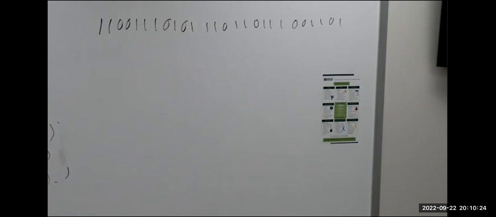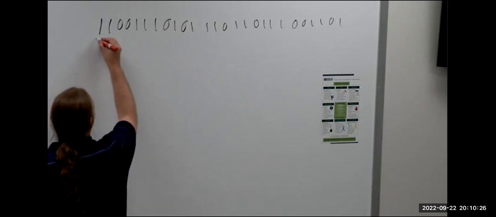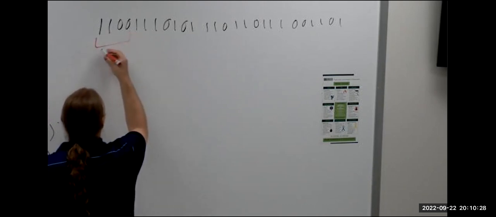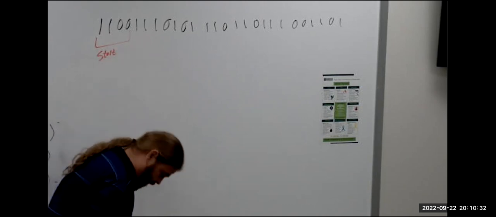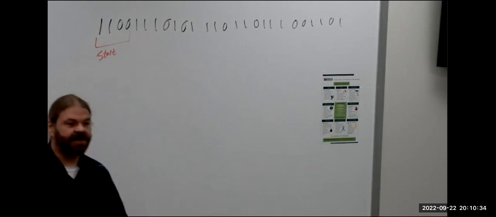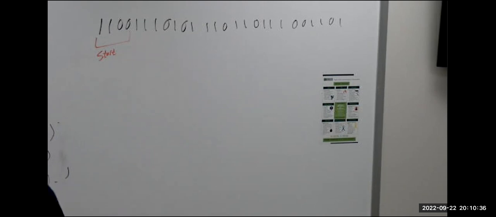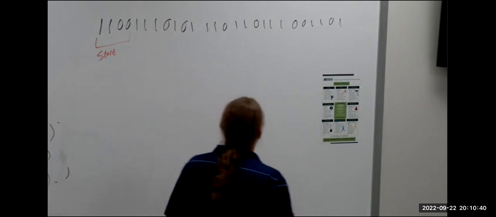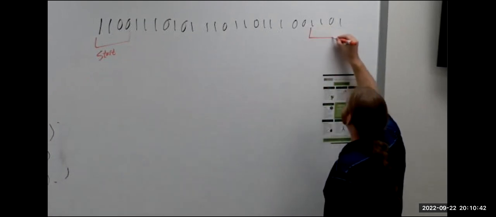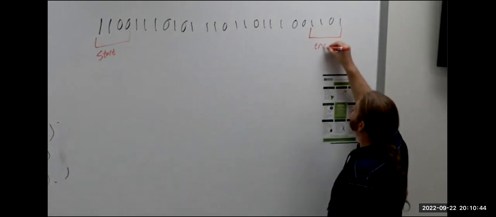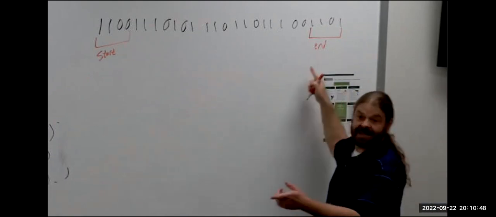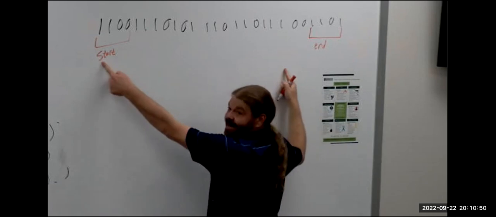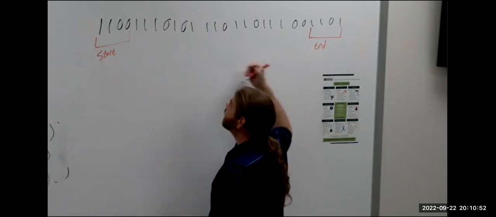And that format is going to be something like start. The computer is going to know where a particular piece of data starts. Part of that code says the start point. Part of that code is going to say the end point. And it's going to be in that order, right? Start at the beginning and end at the end.